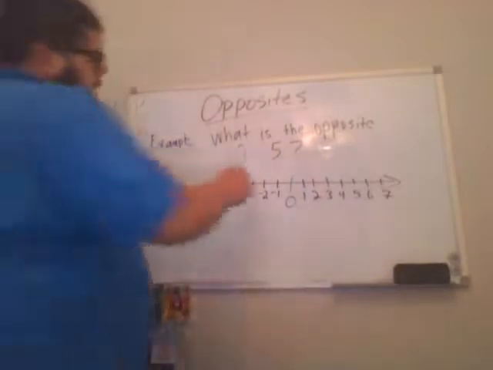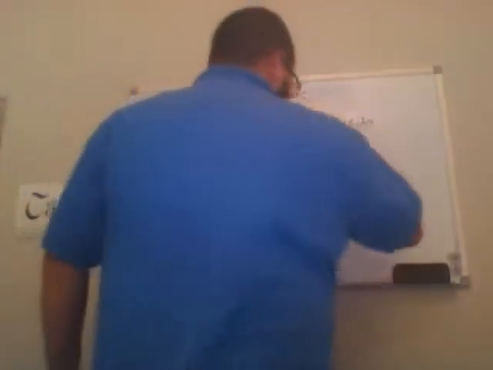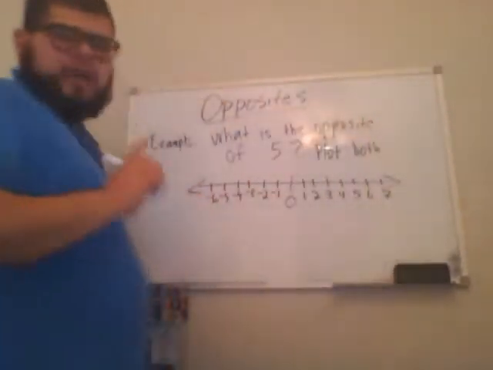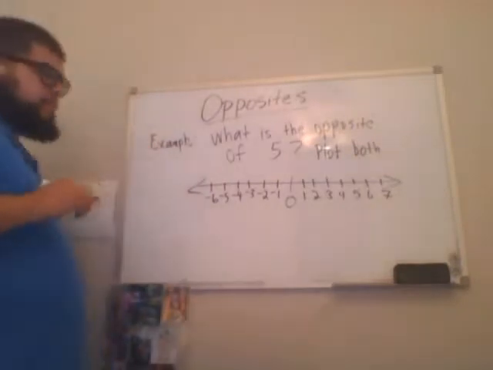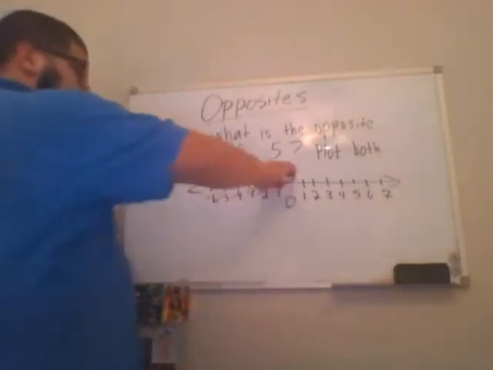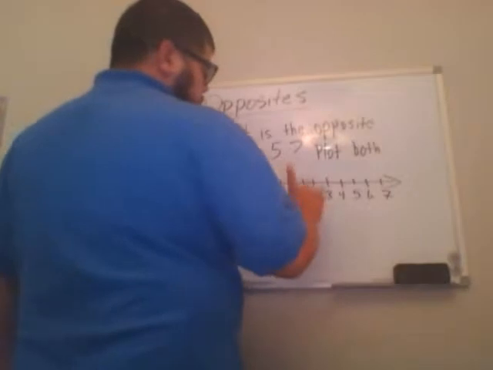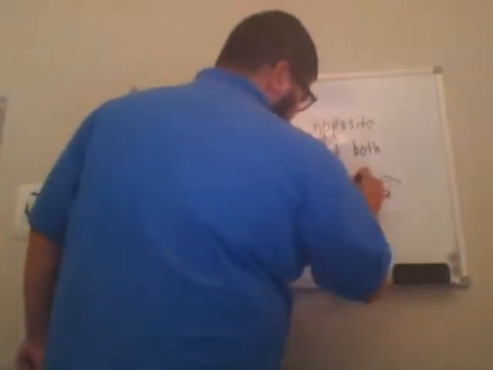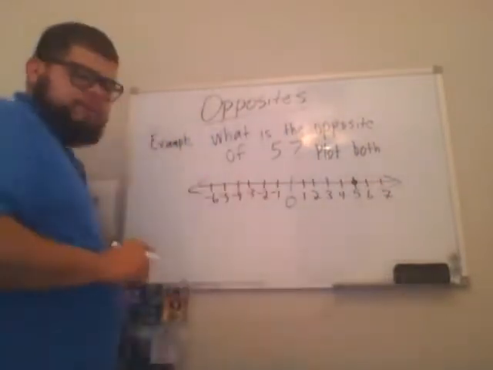So first, I did miss one thing. One direction we want to have on here is plot both numbers. Okay, plot both numbers. So we're going to start off plotting the number 5. And we're going to count from 0: 0, 1, 2, 3, 4, 5. This is where the number 5 is on the number line.